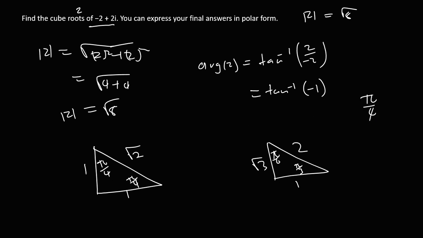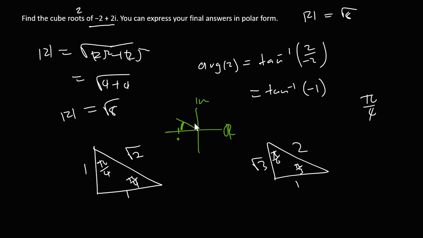If you go back to your plane, here is your plane. Remember, you have the imaginary part and the real part here, and we're looking at the negative real part, which is just here. So this pi over 4 is here.